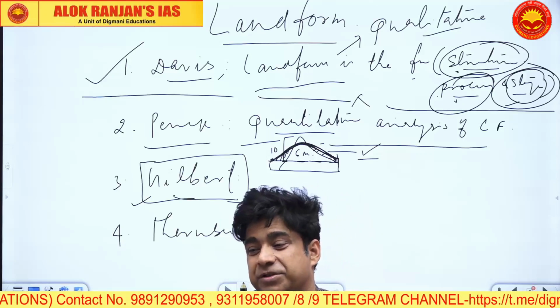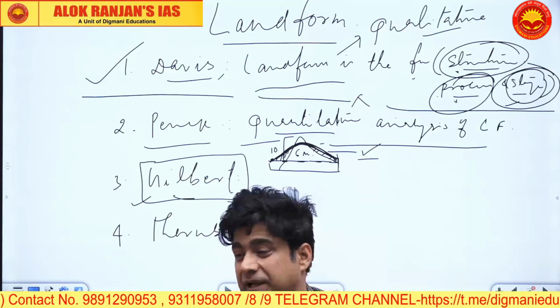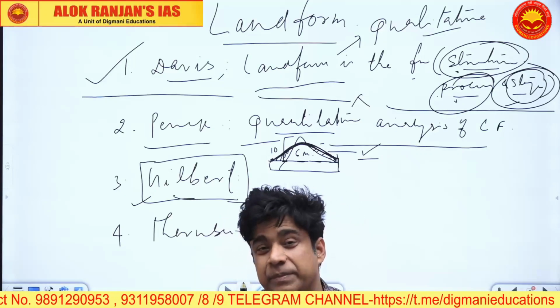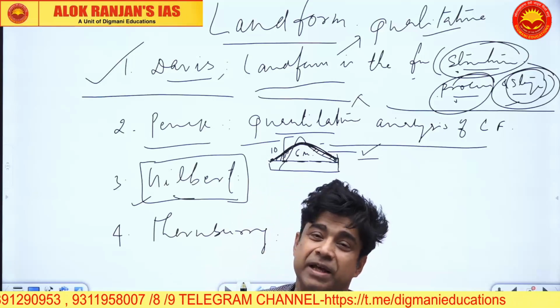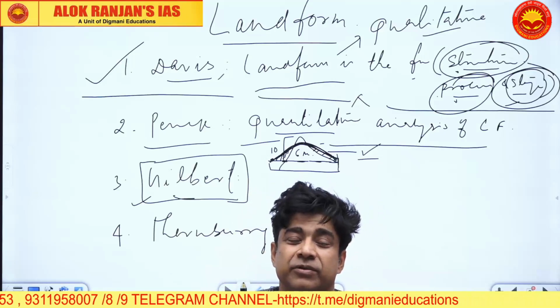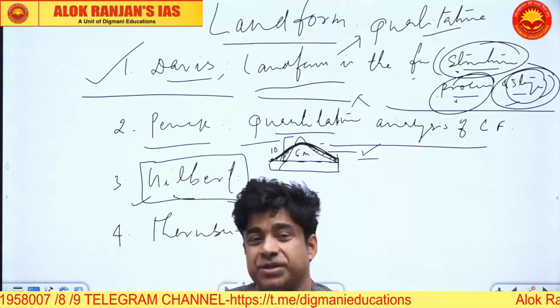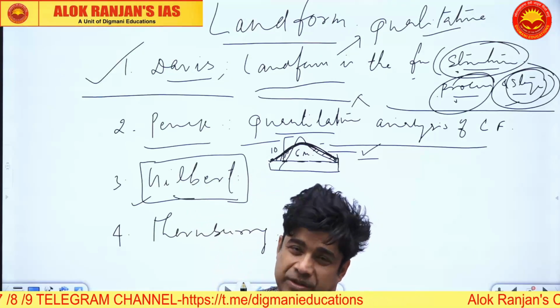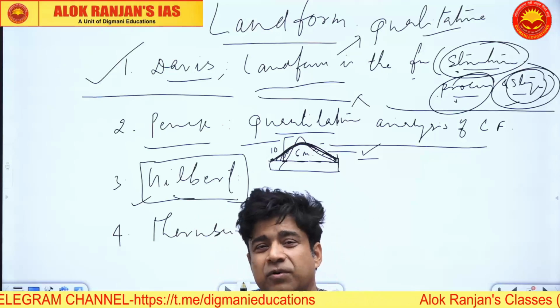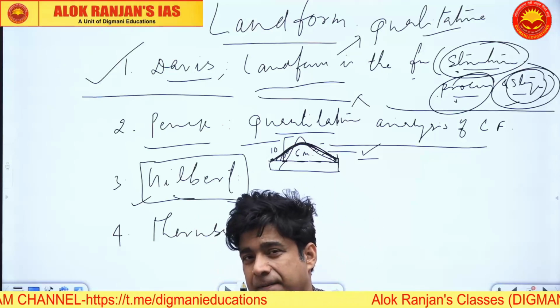So a landform is a trench, a valley, a synclinal basin, a highland, a plateau. So any crustal feature or any configuration can be a landform according to Gilbert.